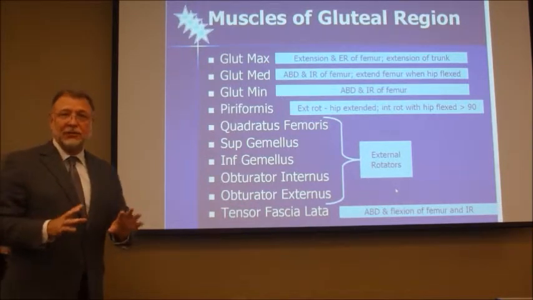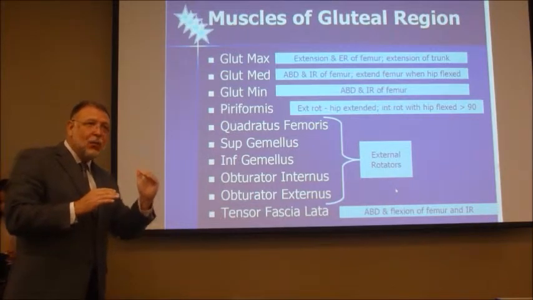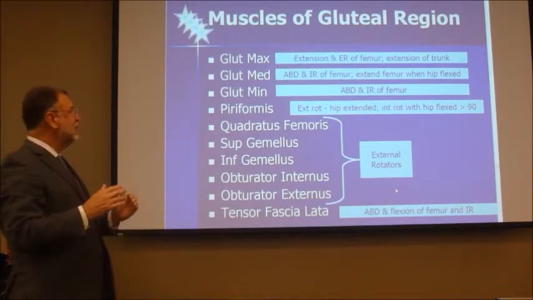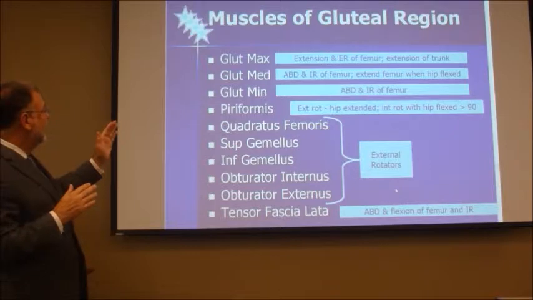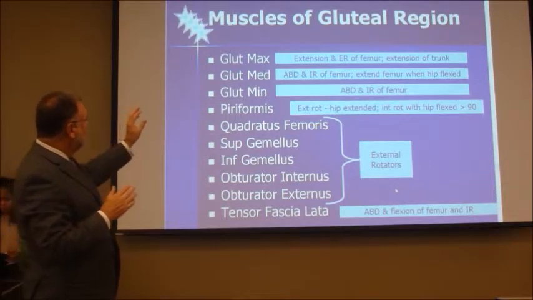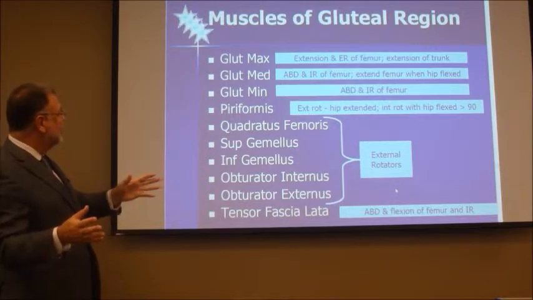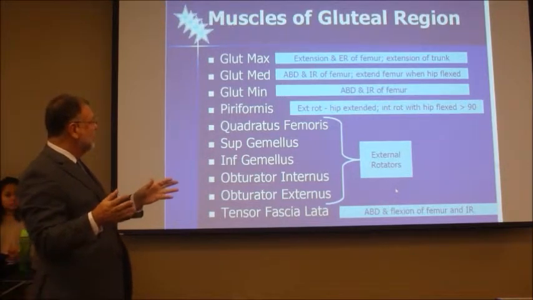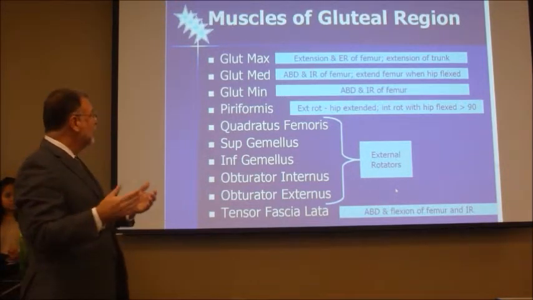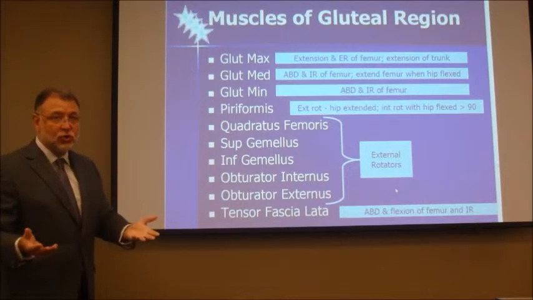One is the innervation, which is just one level below that of the medius and minimus. The other is that the gluteus maximus is more for extension and external rotation of the hip, but also helps with extension of the trunk.